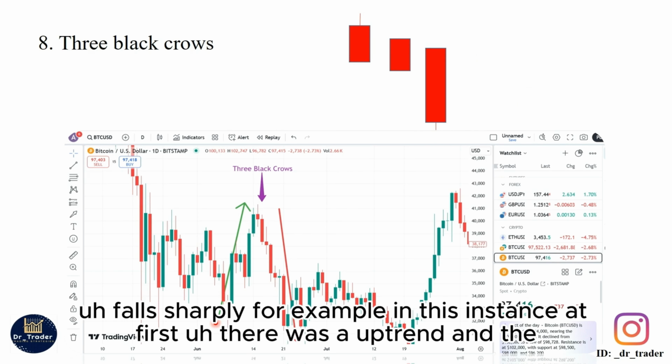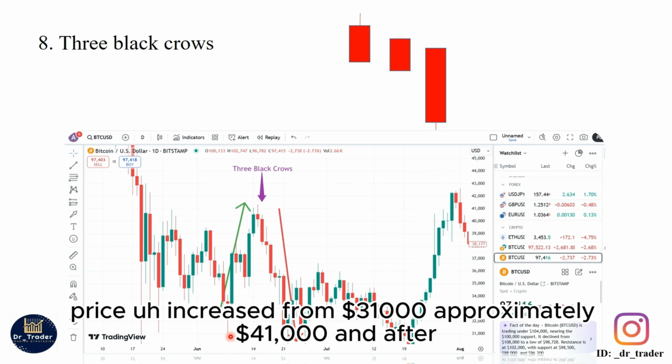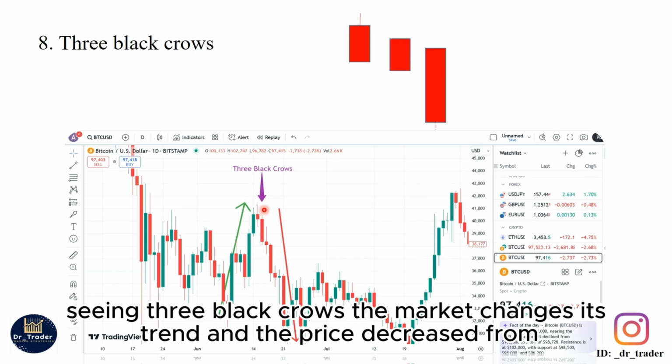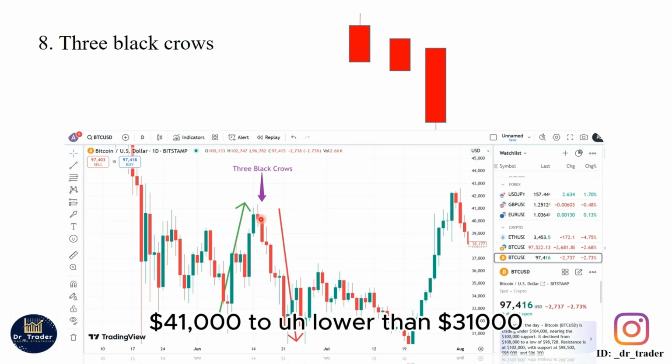For example, in this instance, at first there was an uptrend and the price increased from $31,000 to approximately $41,000, and after seeing three black crows, the market changes its trend and the price decreased from $41,000 to lower than $31,000.